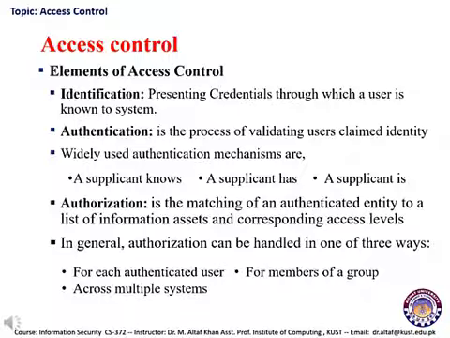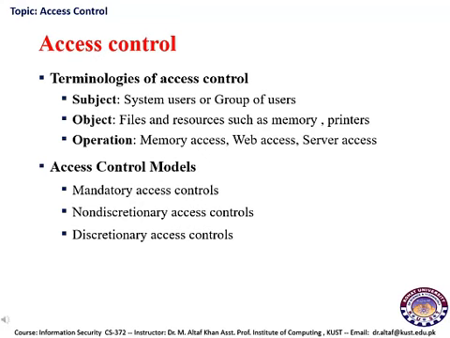In this slide, we will discuss basic terminologies and the basic access control models. The terminologies used in access control includes subjects, objects, and operation. Subject is actually the user of a system or a group of users which use the system.